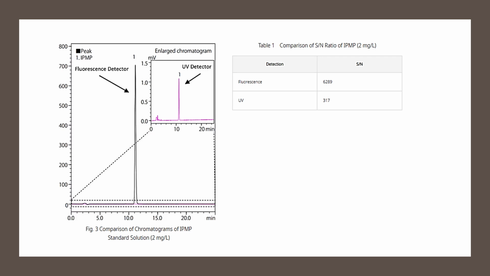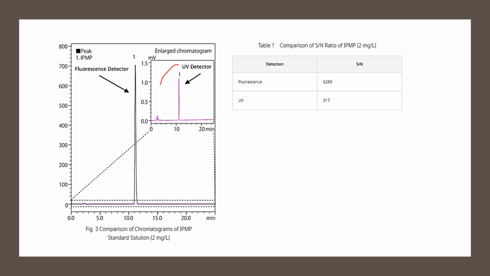Now in this diagram you all can see there is an isopropyl methyl phenol compound. Now it can be detected in UV detector as well as fluorescent detector, but you all can see the intensity of the peak is very less in UV detector.